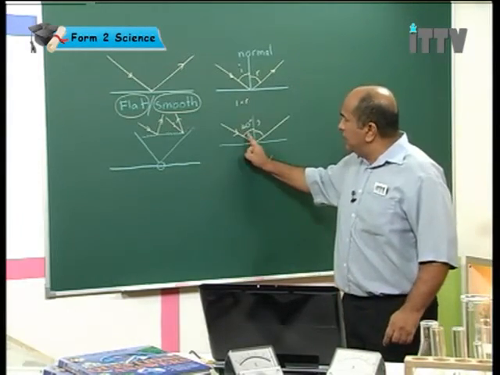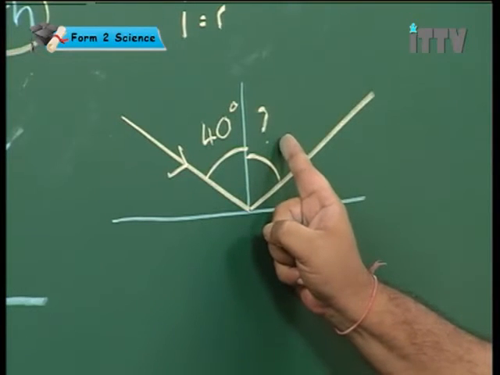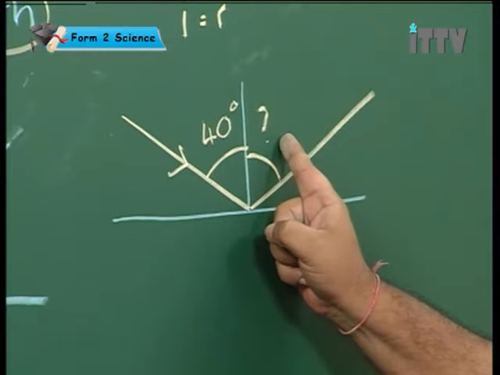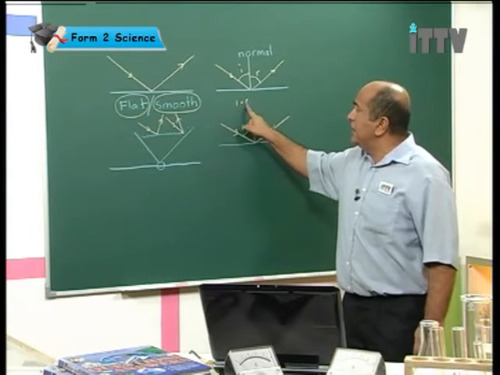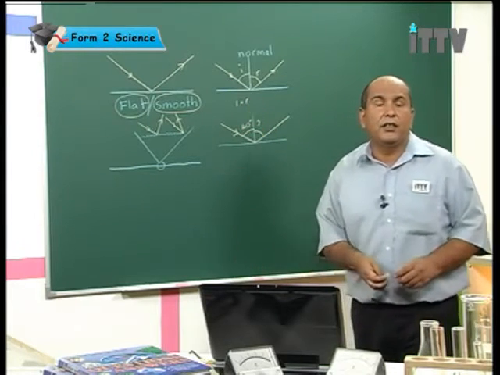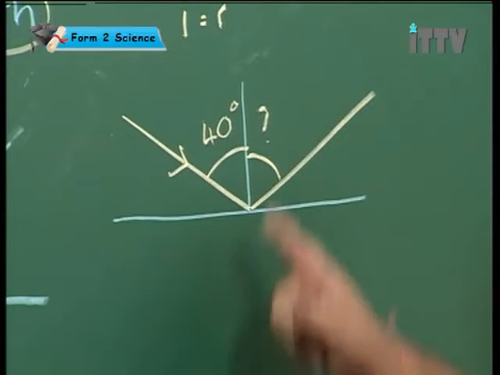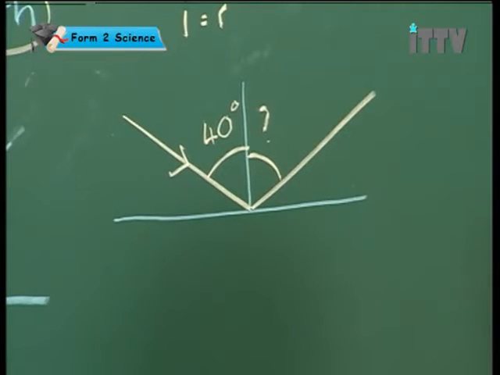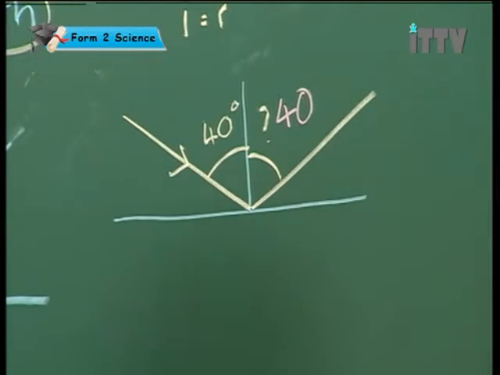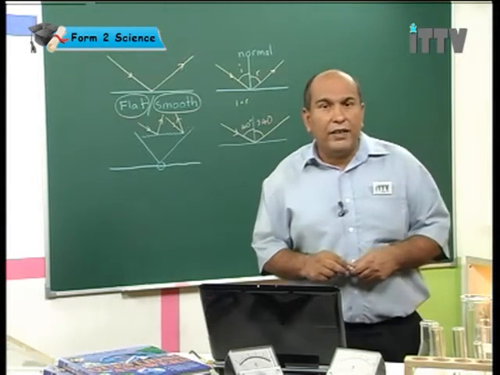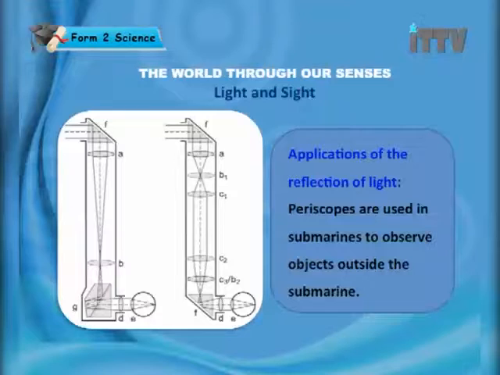What is the angle of reflection? Now, according to our law, the angle of incidence is equal to the angle of reflection, which means that if this angle is 40, this angle must also be 40. So please understand, the angle of incidence must be equal to the angle of reflection.